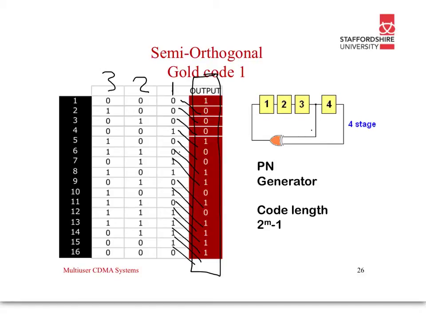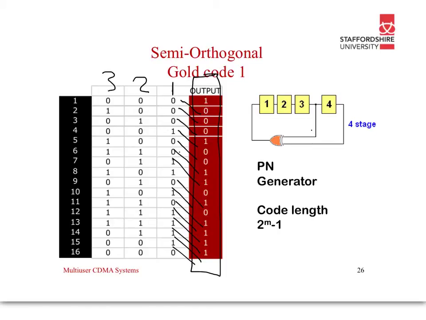So we've got 4 separate codes here, each time shifted by 1. If we try and correlate any of those 2 codes, they will show a low value. It won't be 0 because they're not truly orthogonal. They're only semi-orthogonal with one another because they're similar. They're just not in synchronization.